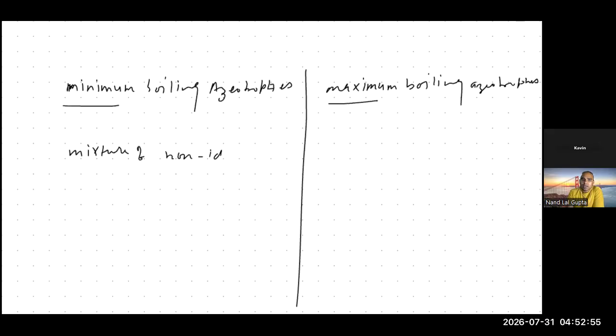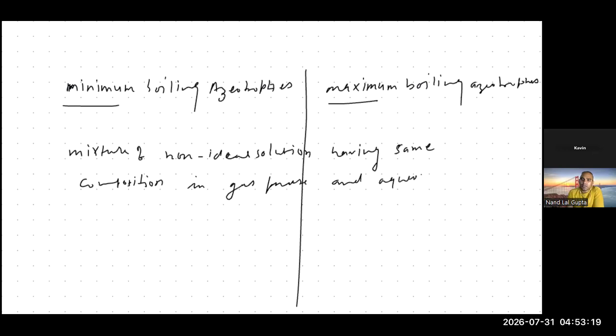They are talking about a mixture of non-ideal solutions having the same composition in the gas phase and the liquid phase. So this is the azeotropic mixture. Those mixtures which have the same composition in the liquid phase and the vapor phase are called azeotropic mixtures.